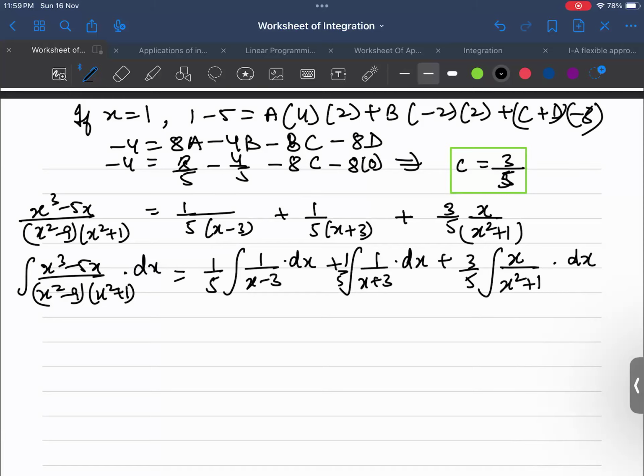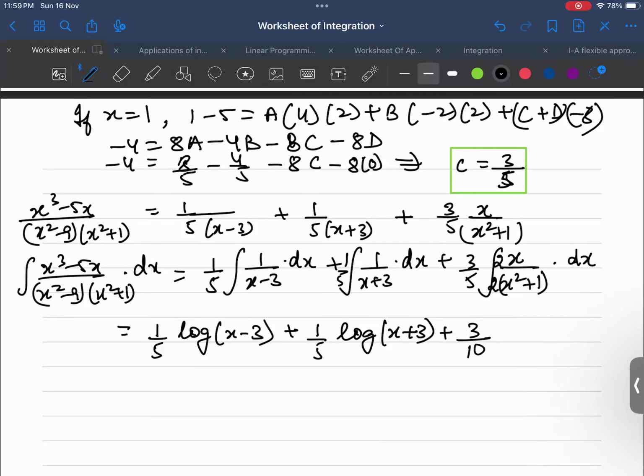We can see that if we make 2x over here and a 2 here, it will not bring much change. So it would be 1 upon 5 log x minus 3, plus 1 upon 5 log x plus 3, plus 3 upon 10 log x square plus 1, plus c.